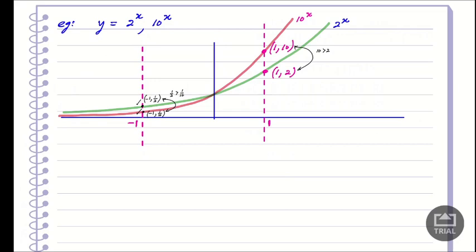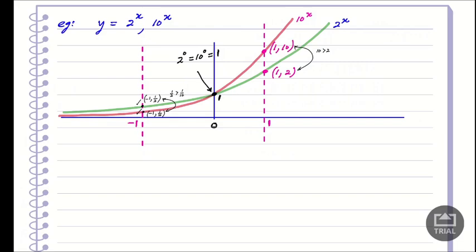Now, if you look into the y-intercept, the y-intercept is when x is equal to 0. You will understand that at that point they are equal to each other. So let's try to understand that. When x is equal to 0, it's going to be 2 to the power 0, which is indeed equal to 10 to the power 0, because that's going to be 1.